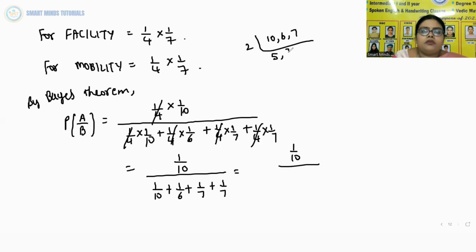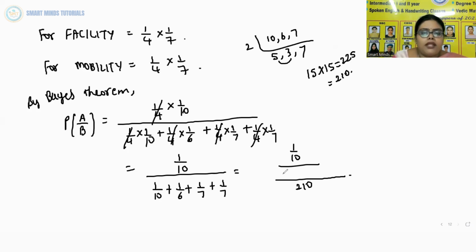2 5s are 10, 2 3s are 6, 2 7s are 14. Now 5 3s are 15 and 7 2s are 14. What is 15 into 14? 15 into 15 is 225, no? So if you subtract 15 from here, you get 210. So 210 is the LCM.